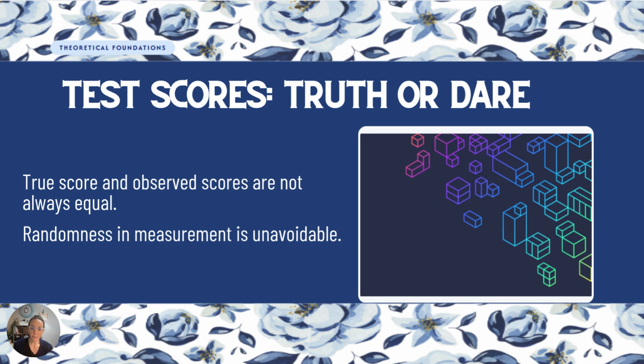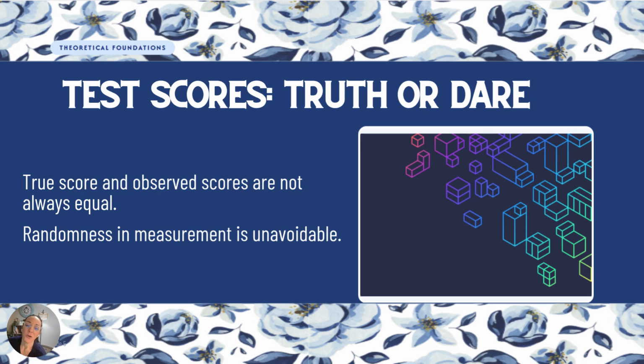A couple things to remember. No test is perfect. Humans aren't perfectly consistent. Testing conditions aren't perfect. Randomness exists. Let's think about GPS navigation. Your GPS usually gets you very close, but sometimes you're 10 feet off.